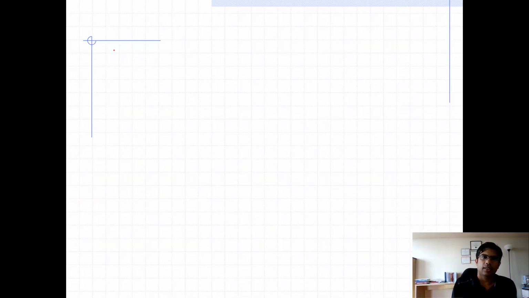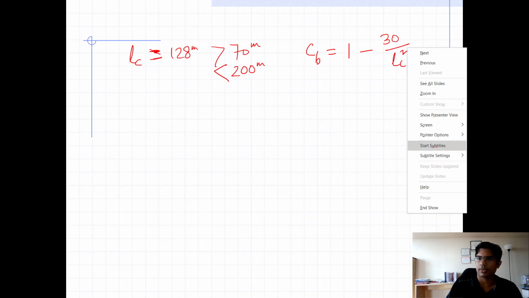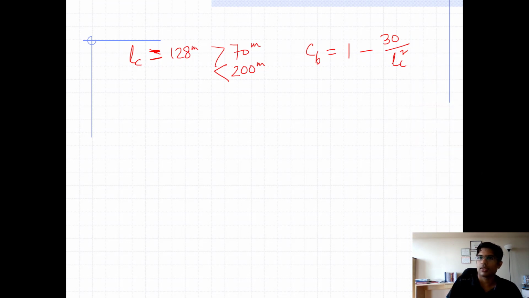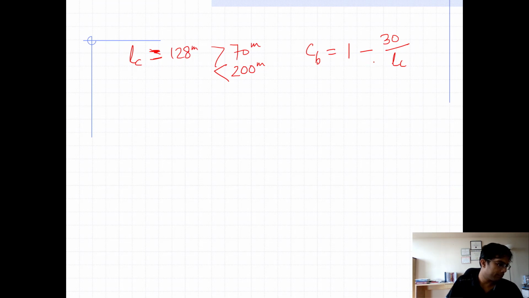Because the characteristic length LC equals 128 meters, which is more than 70 meters but less than 200 meters, we need to calculate CB using this equation: CB equals 1 minus 30 by LC, the whole thing squared.